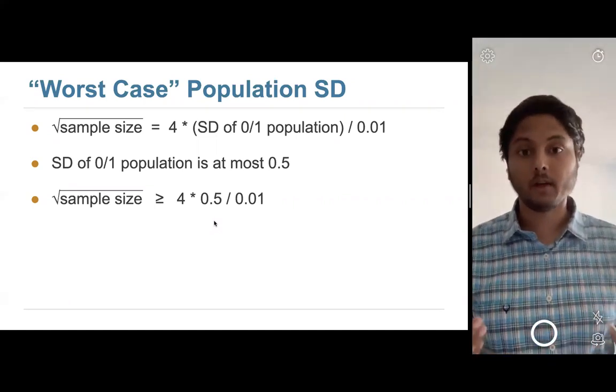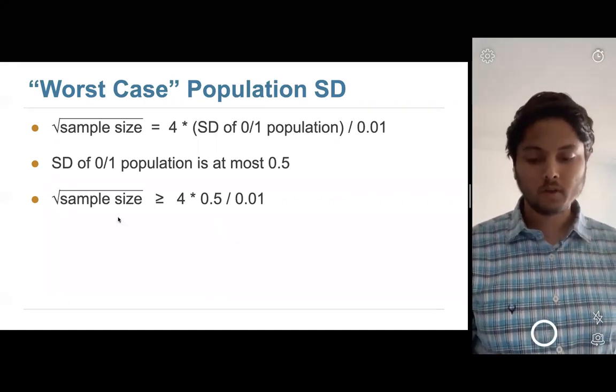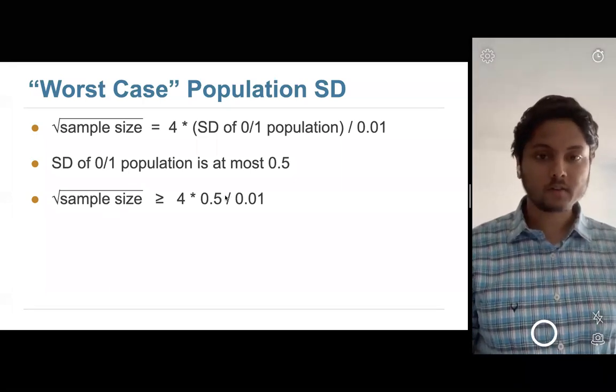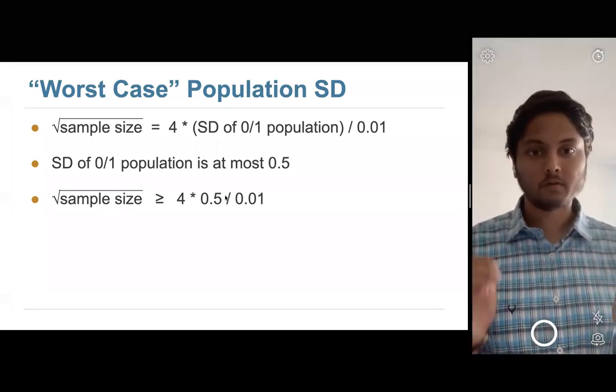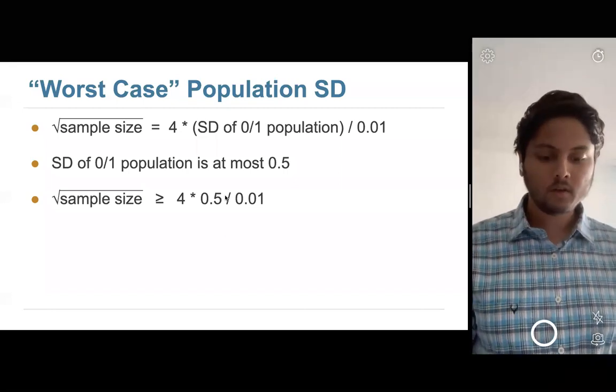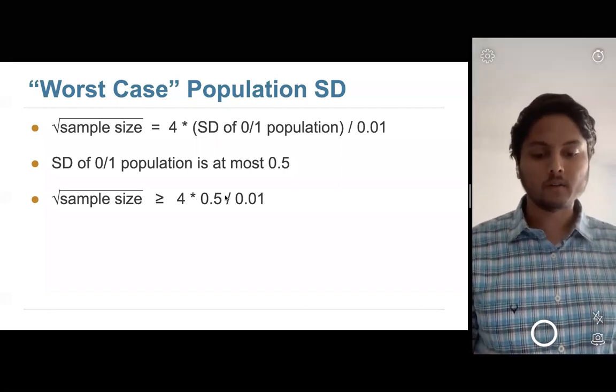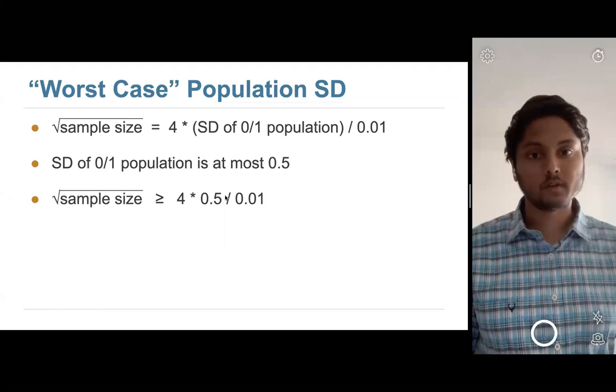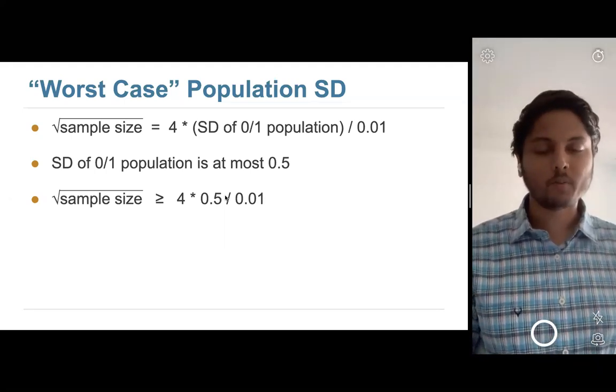So as long as our sample size satisfies this, we'll always have an interval width of 1% or less. It's a way to guarantee this regardless of what the standard deviation of your population is.